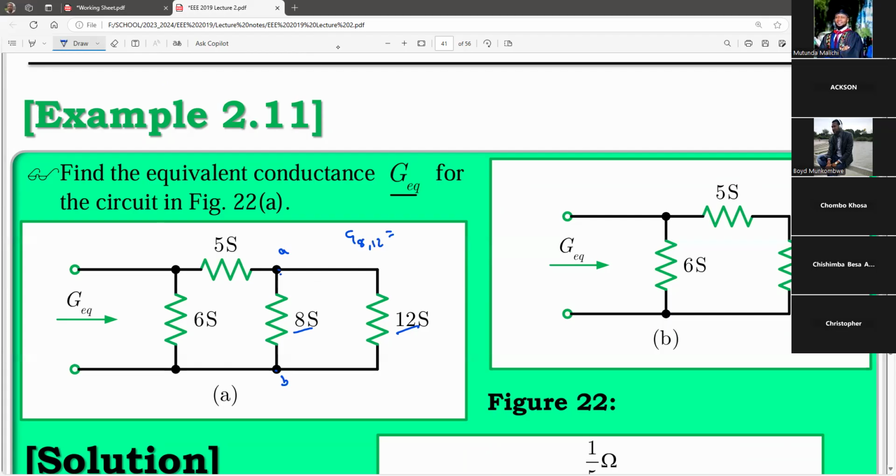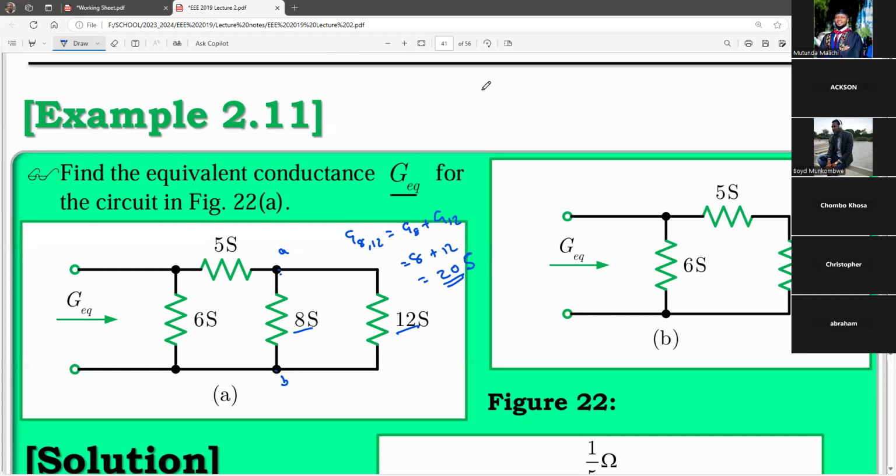And remember, when two conductances are connected in parallel, the equivalent conductance would be G8 plus G12, which is 8 plus 12, which should give us 20S. Okay, we say that this is the unit for conductance, which is Siemens or the mho.